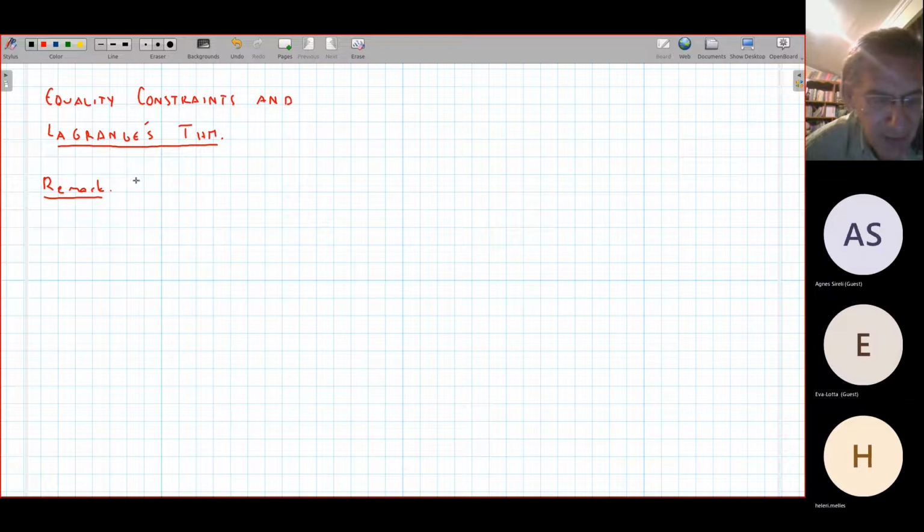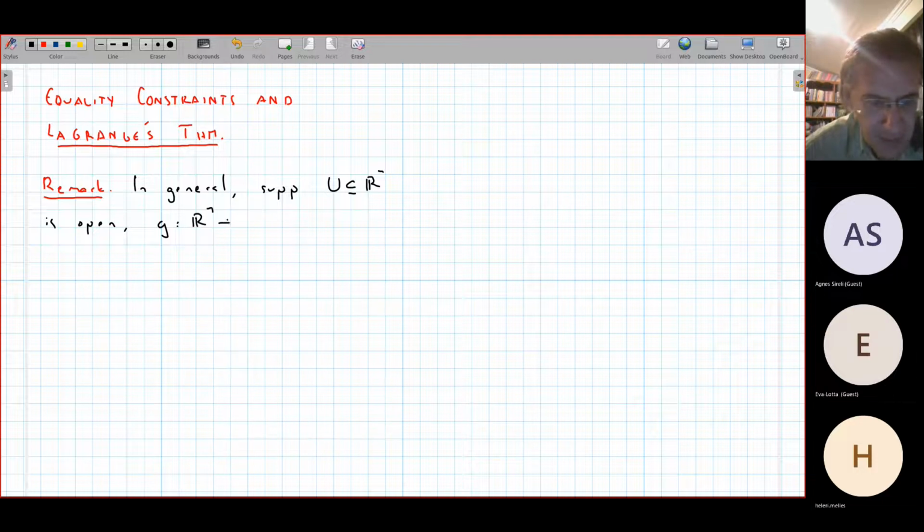Okay, so in general, suppose that U is a subset of Rn, which is open. And we have various functions. So we have function g that goes from Rn into Rk, a function h that goes from Rn into RL, where the functions are given component-wise.